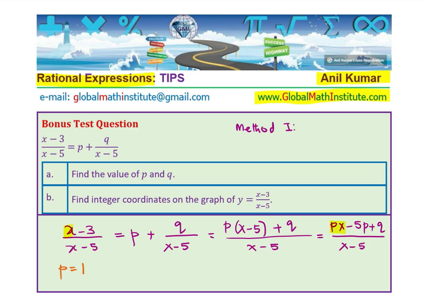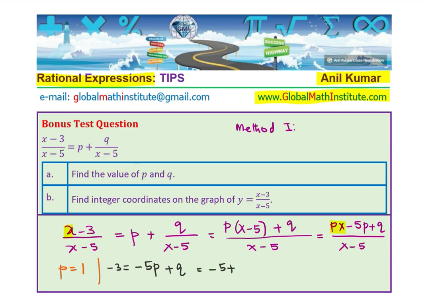Now the other part here is minus 3 should be equal to minus 5p plus q, right? So let's do that part. We have minus 3 equals minus 5p plus q. Since we know that p is 1, I could write this as minus 5 times 1 plus q.